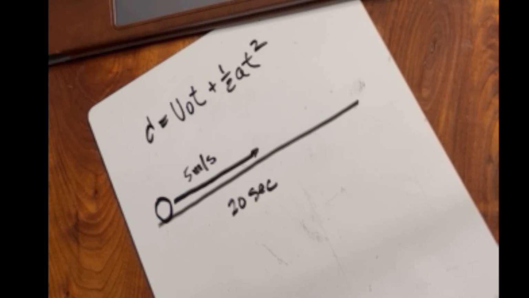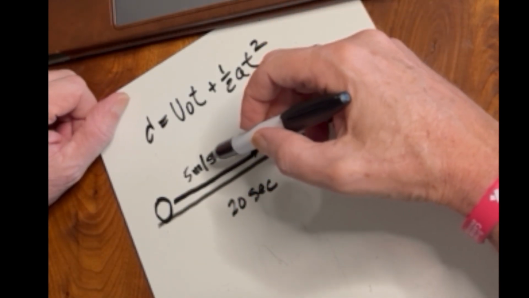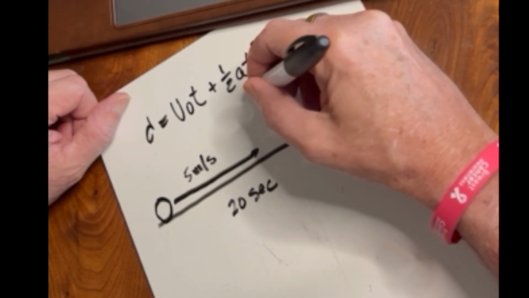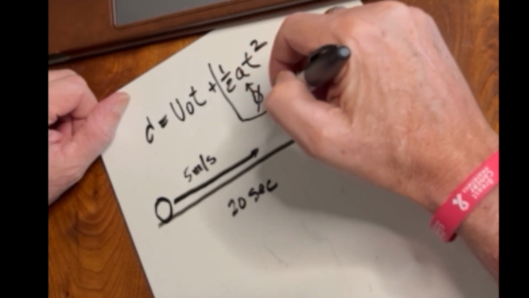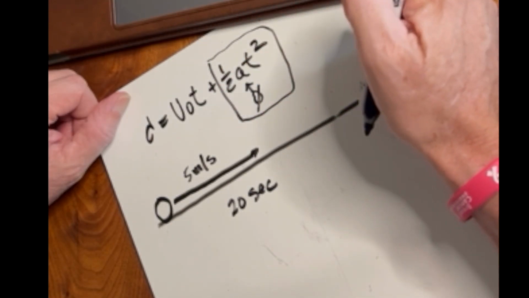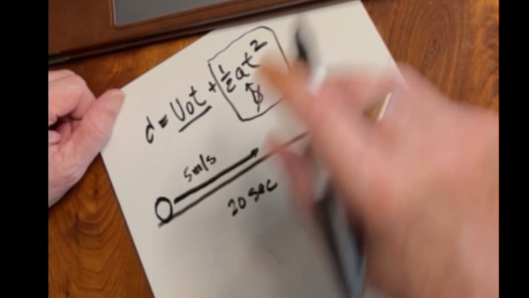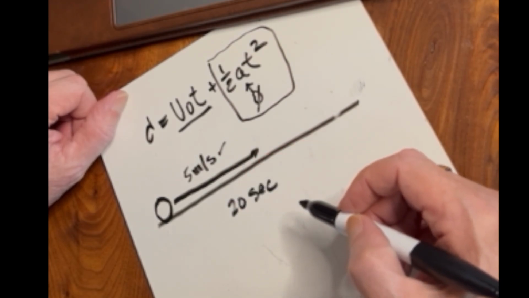So how do we approach this from our equation? First of all, the ball is not accelerating at all. So this term right here equals 0. So in other words, we can actually completely disregard that entire half of the equation, and we're left with this. Well, what is the initial speed of the ball? Well, it's 5 meters per second.